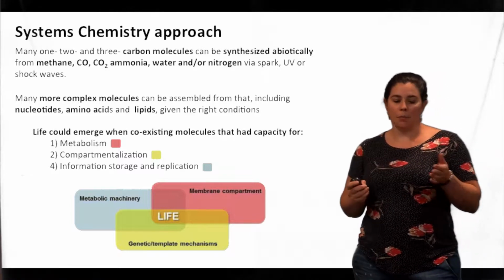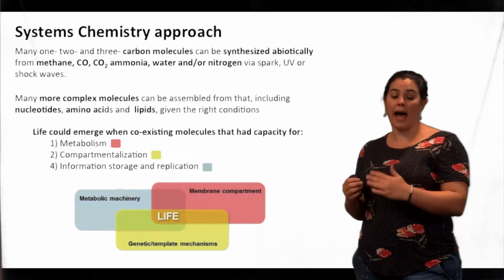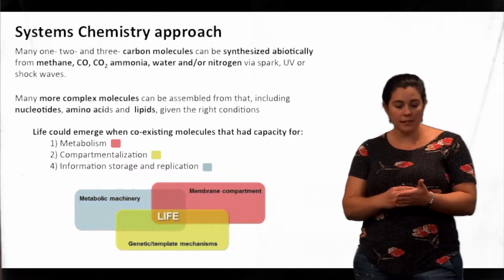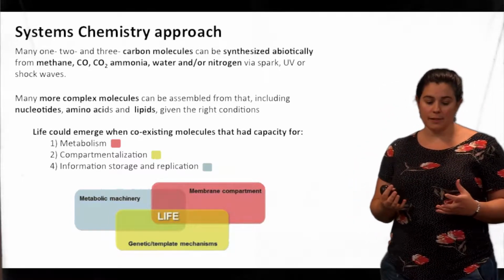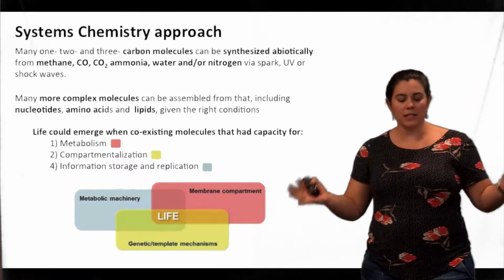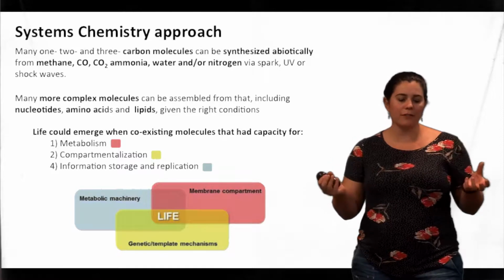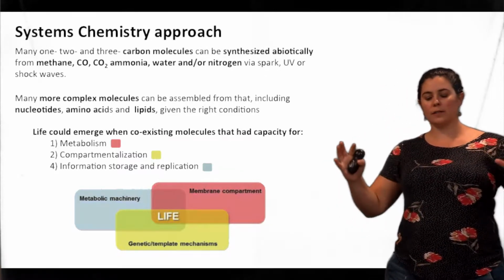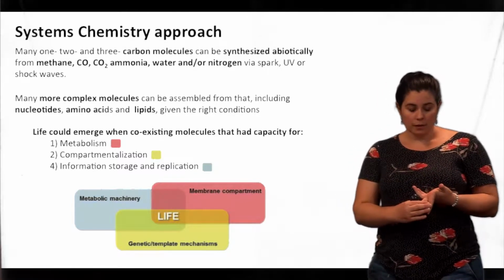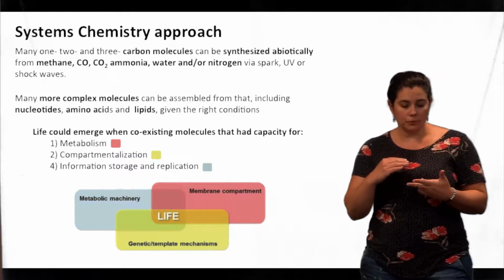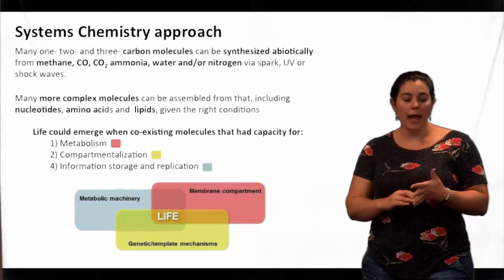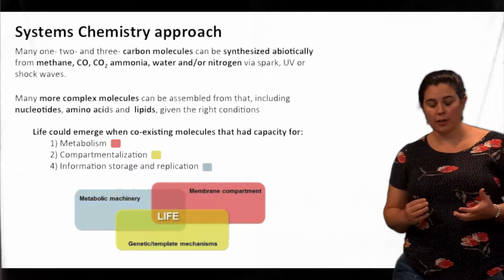Many more complex molecules can then be assembled from that, again, spontaneously, abiotically, including the nucleic acids, nucleotides, and lipids. Systems chemistry really says that, and this touches on stuff from our first lecture, that life could emerge when coexisting molecules have the capacity for metabolism, or metabolic machinery, compartmentalization, and information replication and storage.